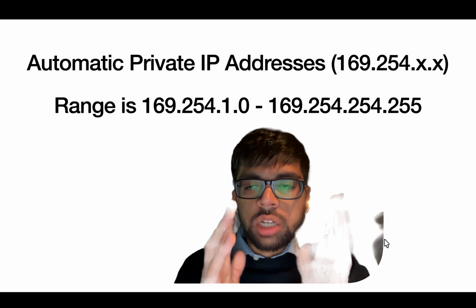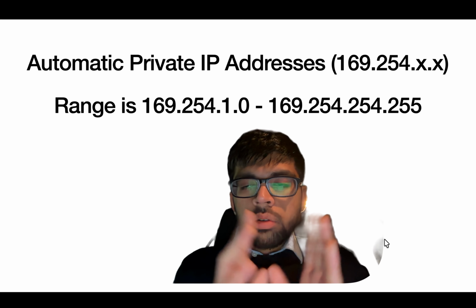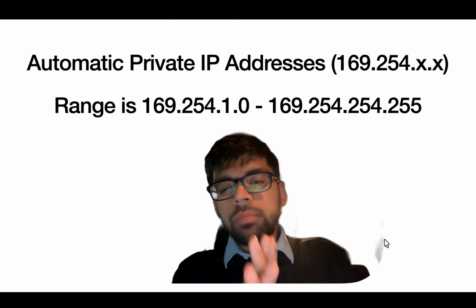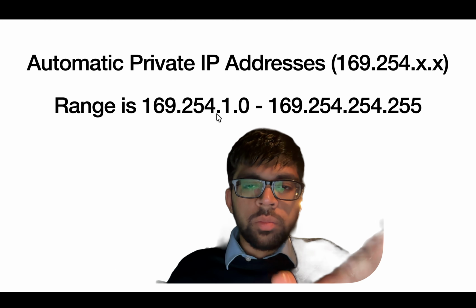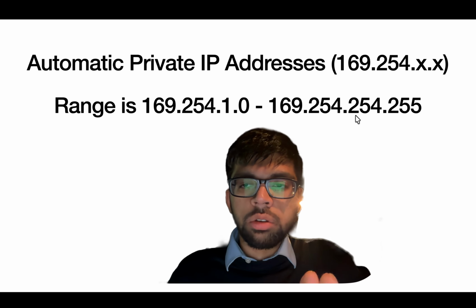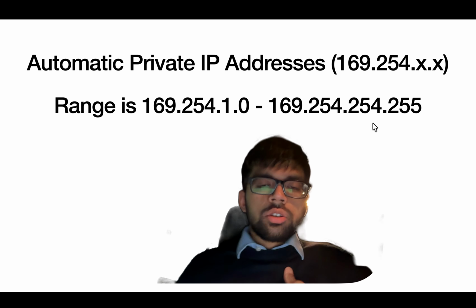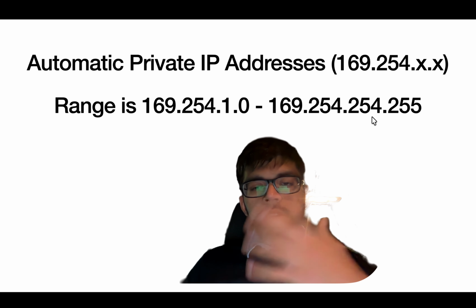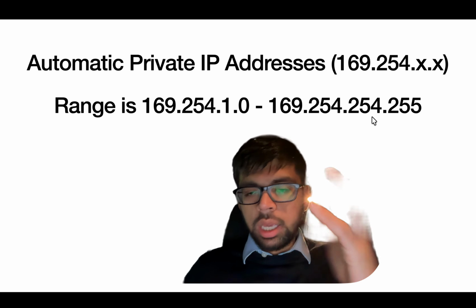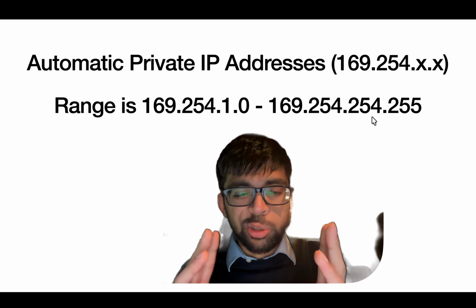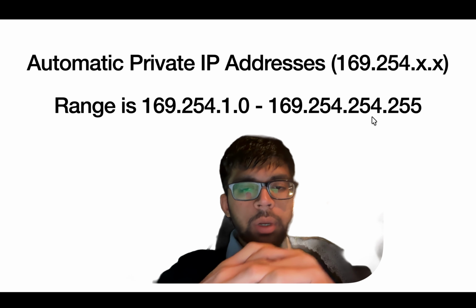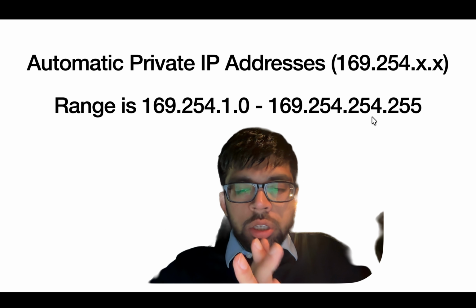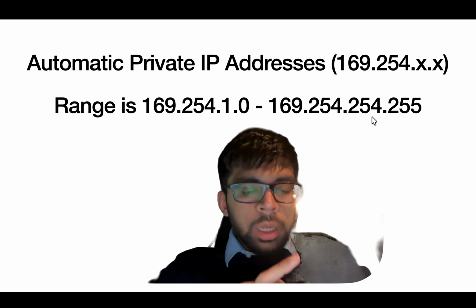Now I want to talk about the automatic private IP address range: 169.254.x.x, a range from 169.254.1.0 to 169.254.254.255. The automatic private IP address, APIPA or PIPA, however you choose to refer to it, is something that you may also see.